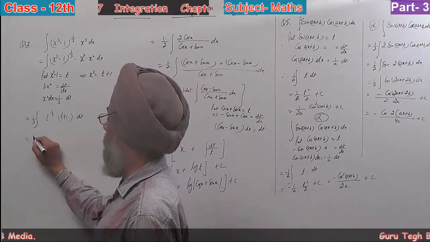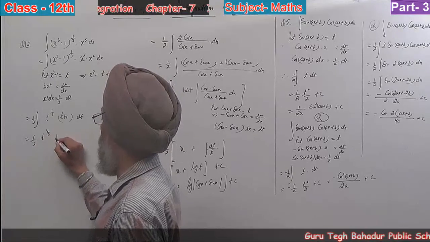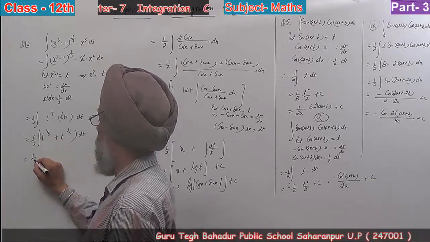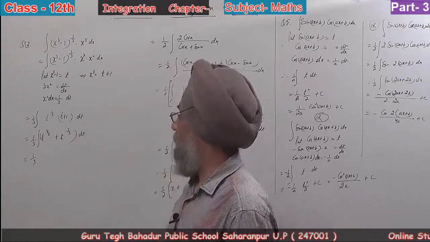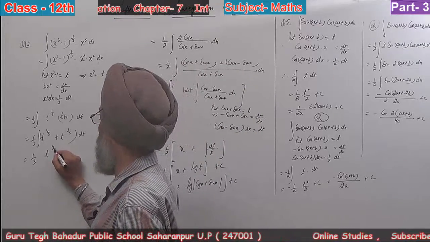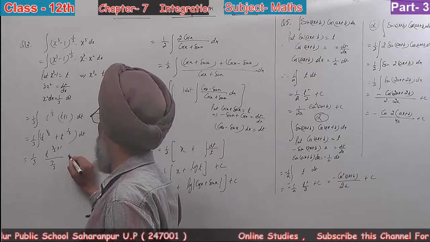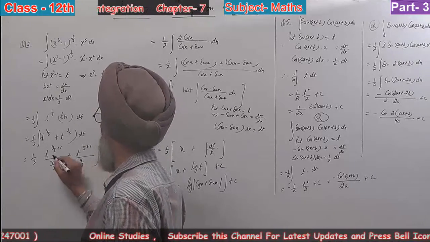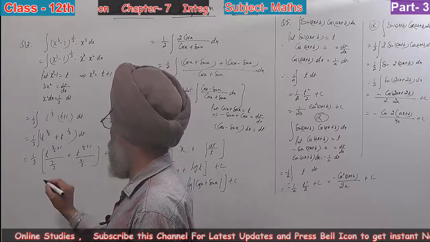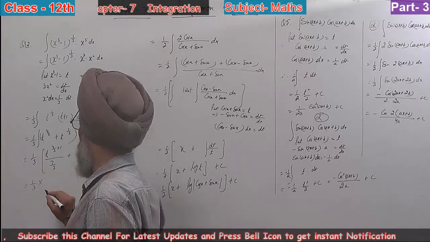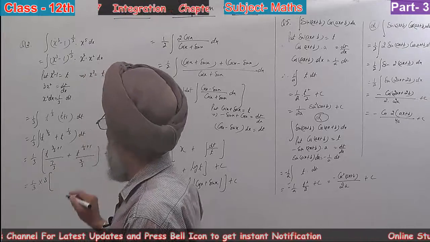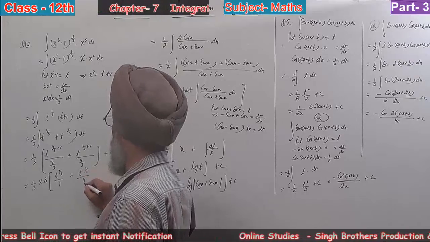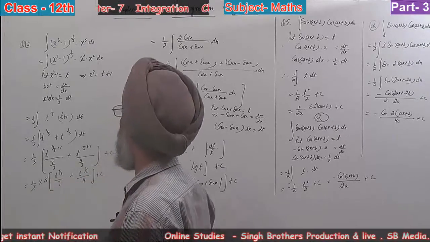It becomes t^(4/3) plus t^(1/3). Integrating, t^(4/3) gives t^(7/3) upon 7/3, and t^(1/3) gives t^(4/3) upon 4/3, plus the constant of integration. 1/3 is common, and the 3s cancel, giving t^(7/3)/7 plus t^(4/3)/4 plus c.